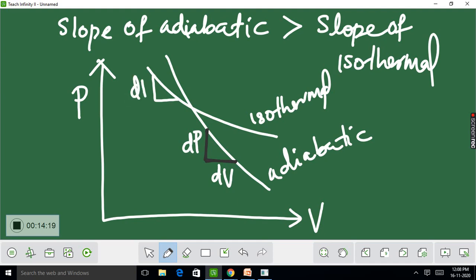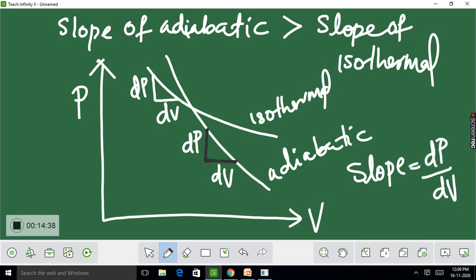Here also dP and dV. This is the usual method to find the slope of a graph. Then slope will be equal to dP by dV.